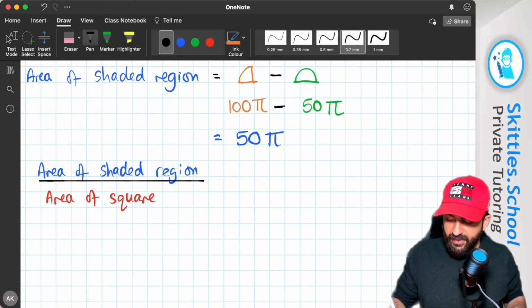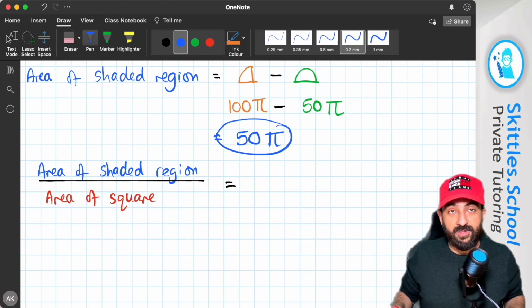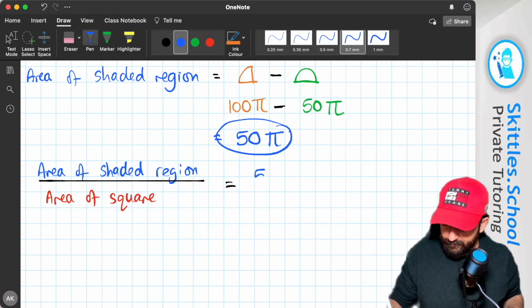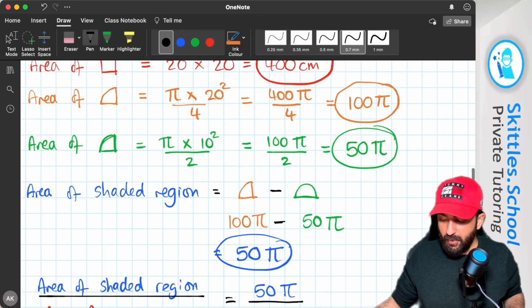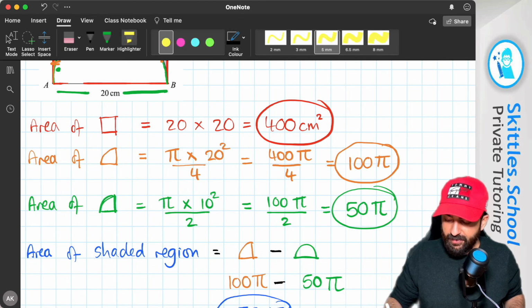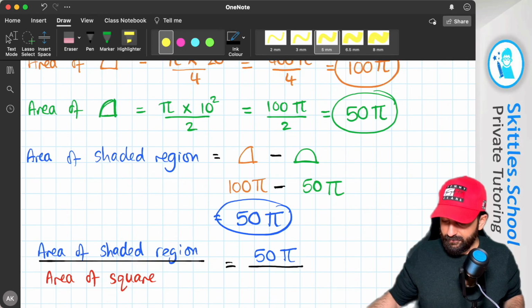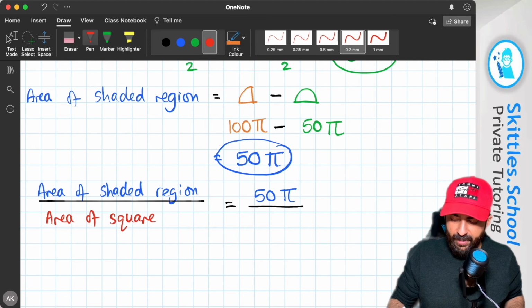And we've worked both of these out. We know the shaded region is 50 pi. We've just mentioned that the area of the square, which we worked out before, is 400. So that's going to be our denominator.